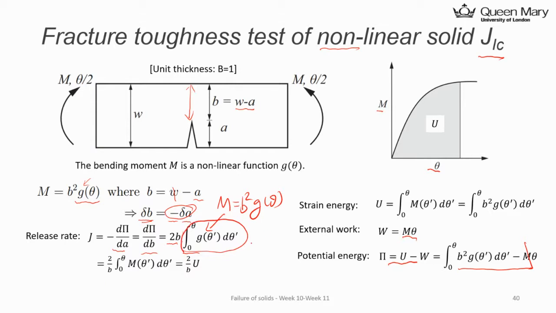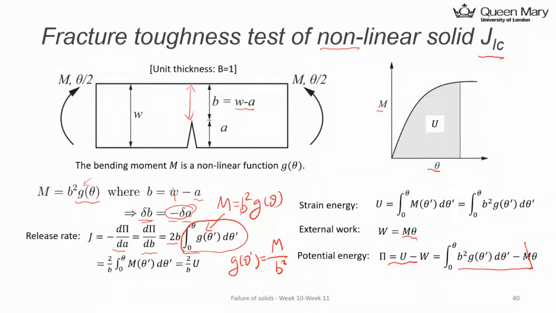And then you will find, actually interestingly, this whole term can be substituted by thinking about G(theta) equal to M over b squared.